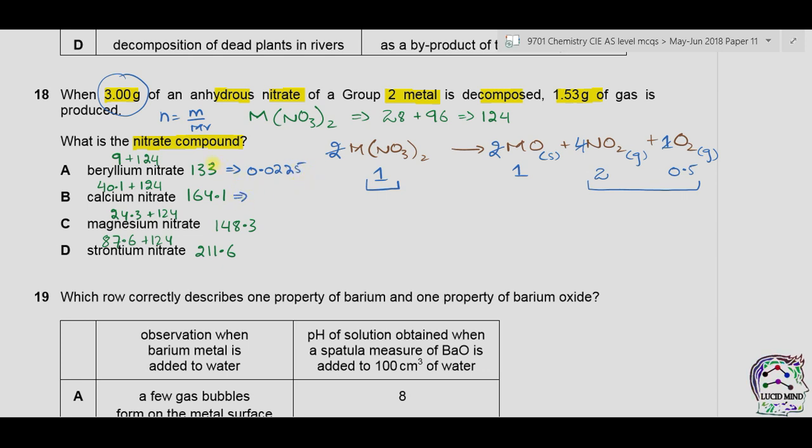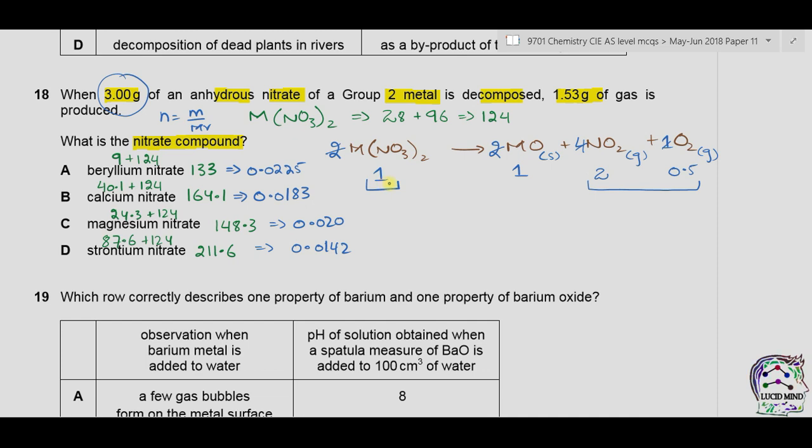Similarly for calcium nitrate, the number of moles in 3 grams will be equal to 0.0183. For magnesium nitrate it is 0.020. For strontium nitrate, it will be 0.0142.